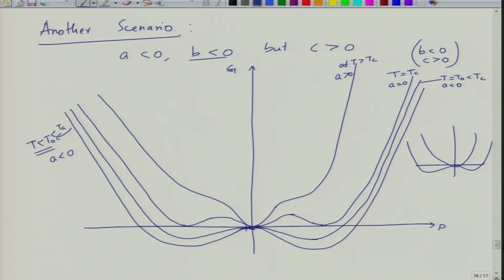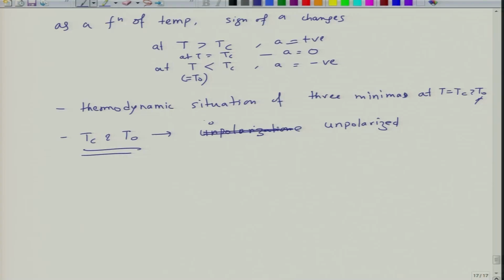This minimum belongs to the unpolarized state, which means between Tc and T naught we have a coexistence of the unpolarized phase and the polarized phase. And this is more like a liquid solid transition.